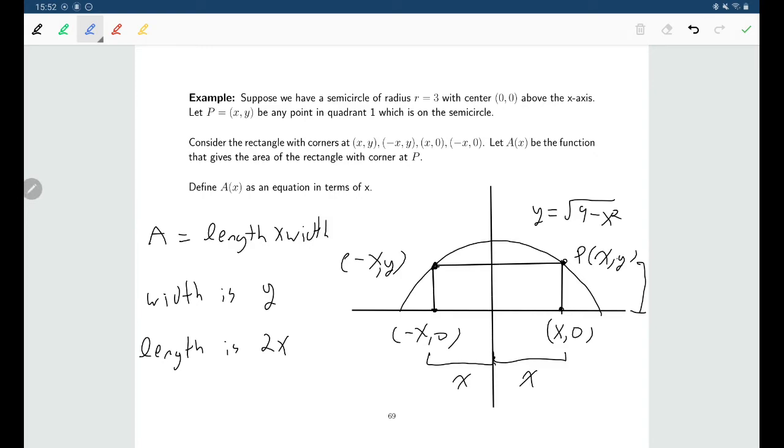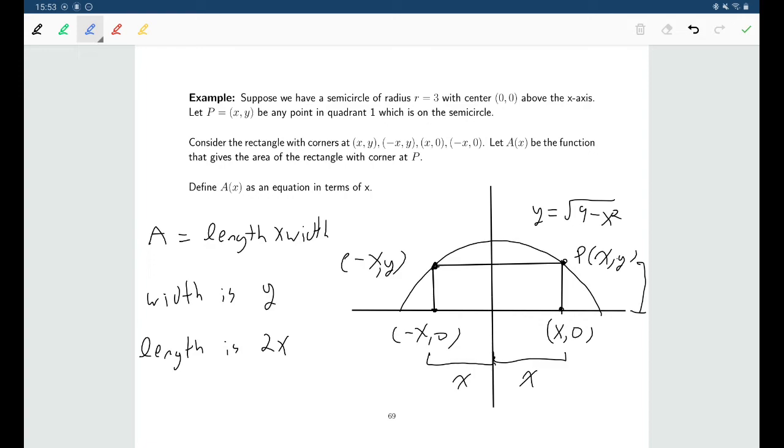So if you pick a point in quadrant 1, you can be as close as, but not at, the y-axis, and you can get as close to, but not at, the x-axis. So all of the x values that we would have would be somewhere between 0 and 3, not including the 0, not including the 3. The other reason why you wouldn't include 0 and 3 would be for the obvious.